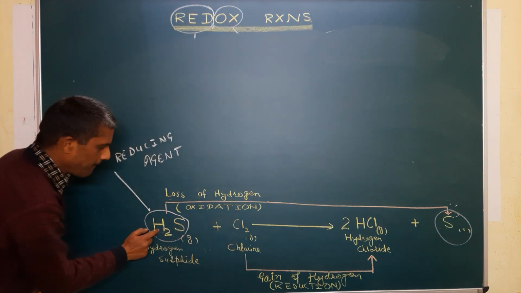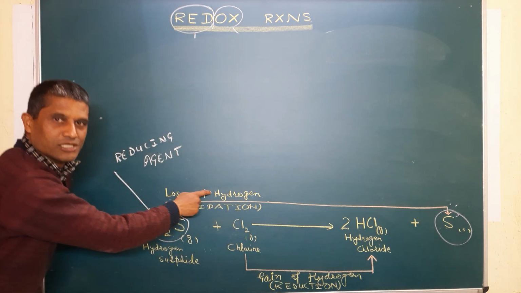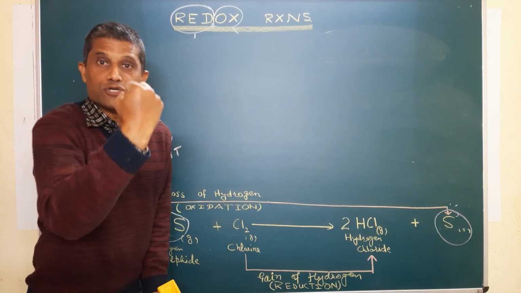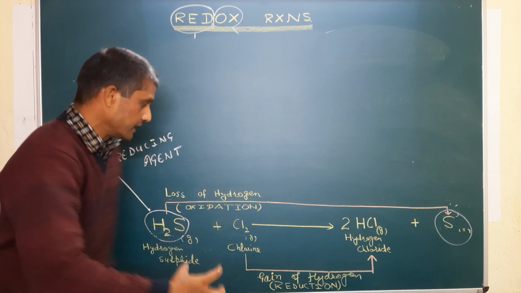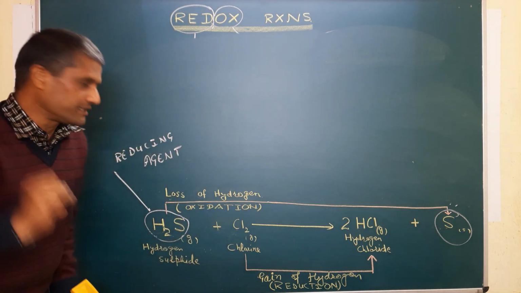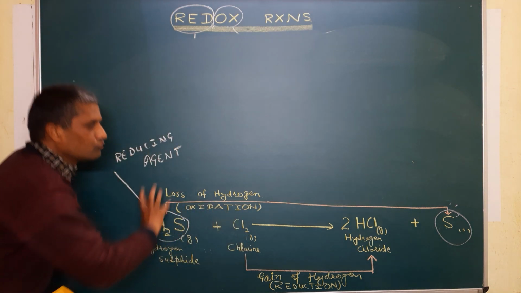It means what's happening? Hydrogen sulfide is made to lose hydrogen. Now the question arises here: who is making hydrogen sulfide lose hydrogen? It is none other than chlorine. There is a force behind it, and that is the chlorine which is making the hydrogen sulfide lose hydrogen.